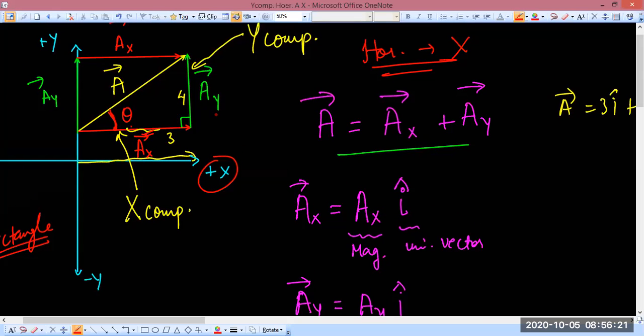Everyone knows the definition, right? Tan theta equal to, quickly say, hurry up, come on everyone, what is tan theta equal to? What is tan theta equal to? Okay, I've got a variety of answers, right?